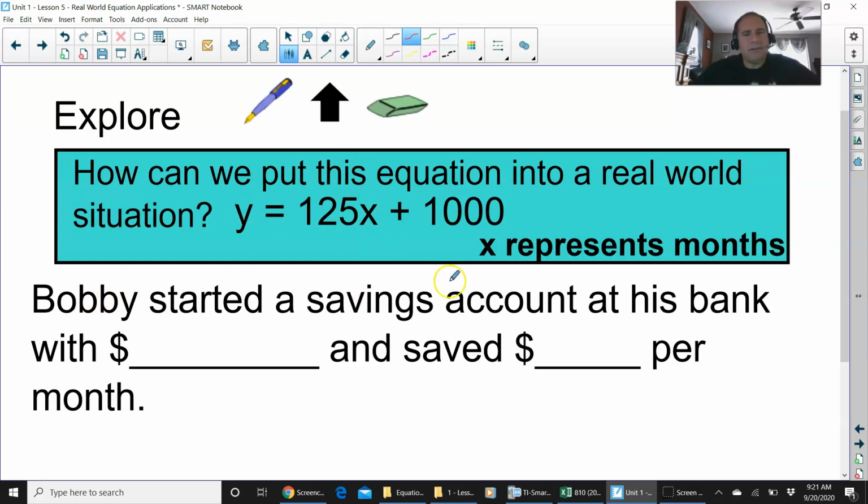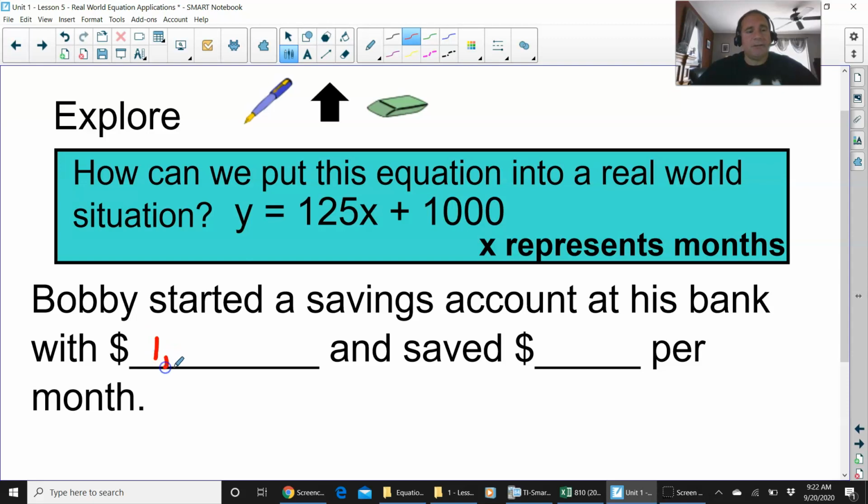So it says Bobby started a savings account in his bank. How much did he start with? That's what you're going to put here. How much did he start with? He went to the bank. He had this amount of money. He started with 1,000 or 125. What would you put here?